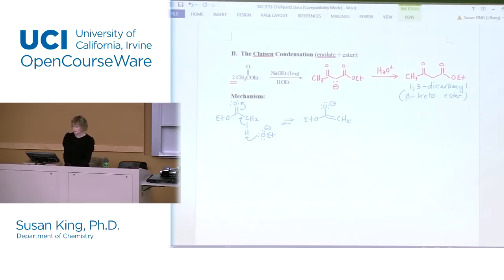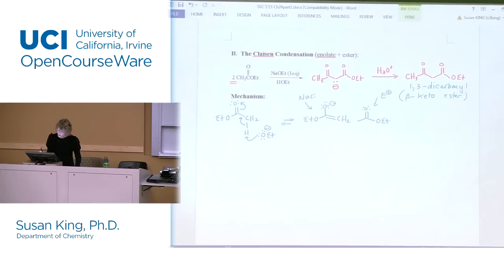Okay, so we make the enolate out of one of the esters, and it's going to add to one of the other esters that has not been deprotonated yet. Okay, so remember the key thing here is once we deprotonate that alpha position, now we turn this into a nucleophile. So that's a nucleophile. And so now it's going to attack an electrophile here.